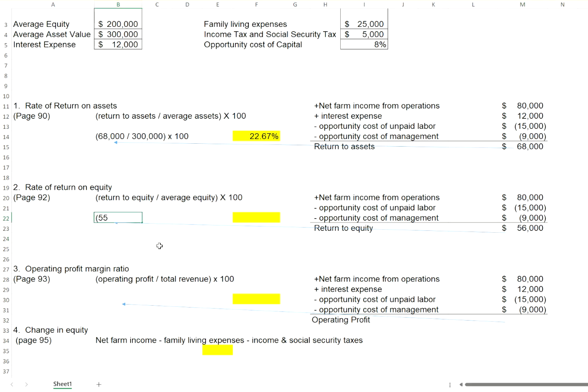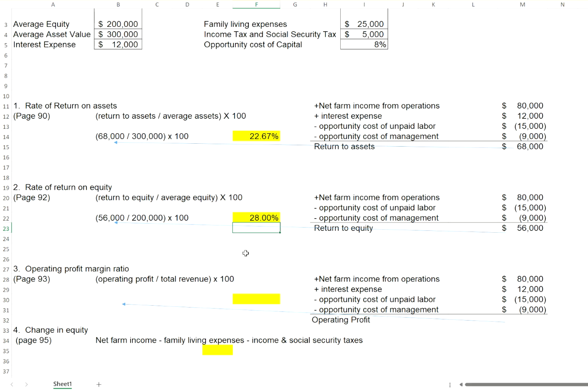I will then take that $56,000, divide it by my average equity, which is given up above at $200,000. And again, to get it as a percentage, I will take it times 100. That would be 28%. So every dollar I've put into capital in this company, I'm getting back 28 cents in return.